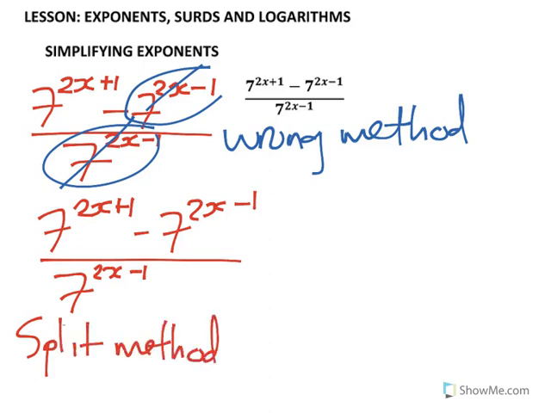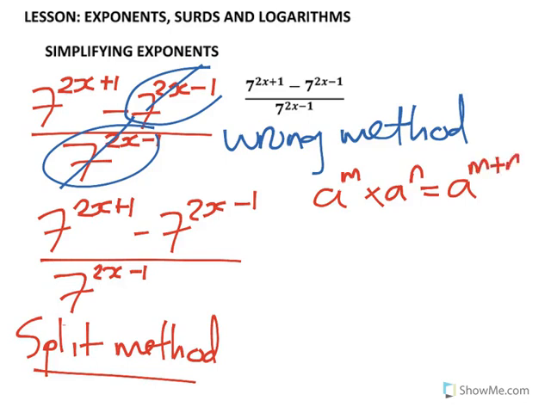What do I mean? You are going to use law 1 to your advantage. Law 1 says a to the power m times a to the power n is equal to a to the power m plus n. Let me write it from this direction going this direction.